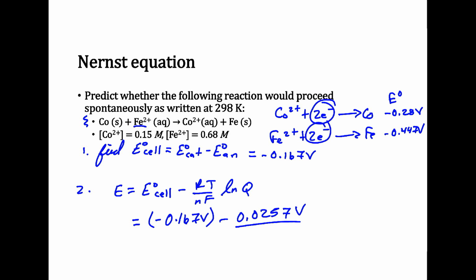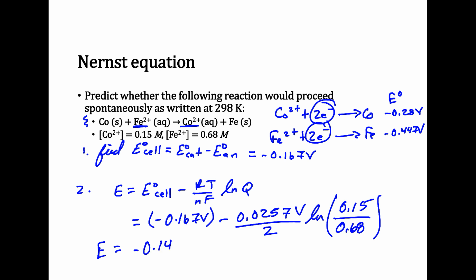Well, we can look up here at our half reactions and we see there are 2 moles, times the natural log of 0.15, the concentration of our products over the concentration of our reactants. Think about what your reaction quotient is going to look like. And whenever we plug this in, we'll find out that E is equal to negative 0.148 volts.